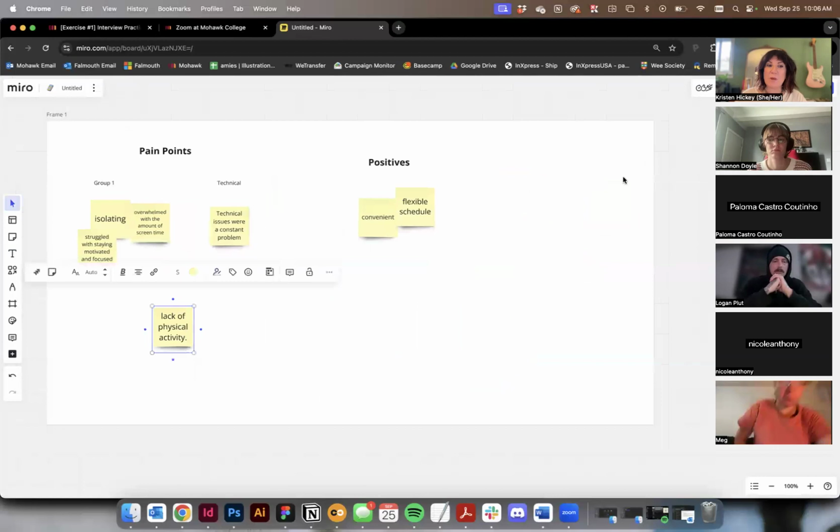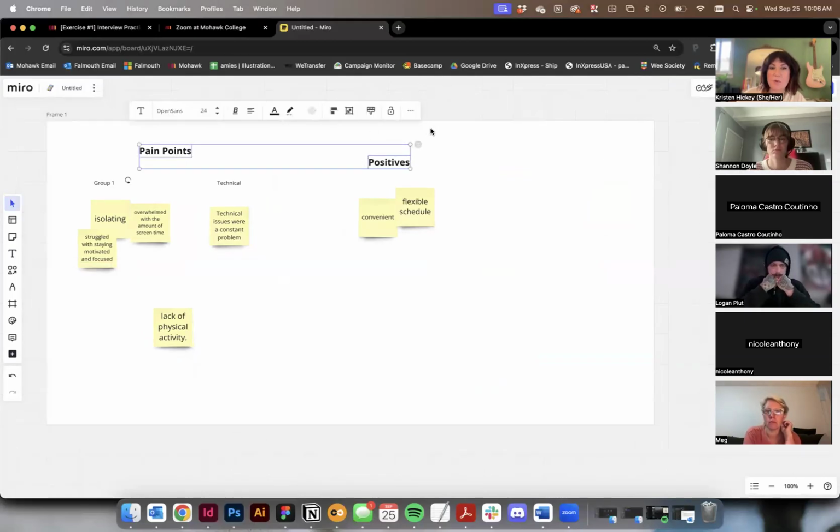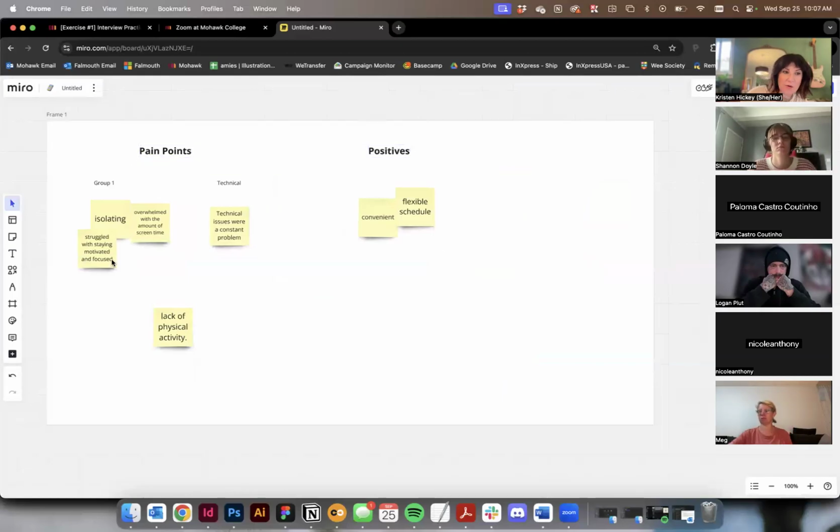And maybe we talk about, again, this is just one question. So it's tough to break this into several things. But maybe we're talking about what motivates them. So you start to categorize and group all that data. I like to add some lines in there to separate those points.